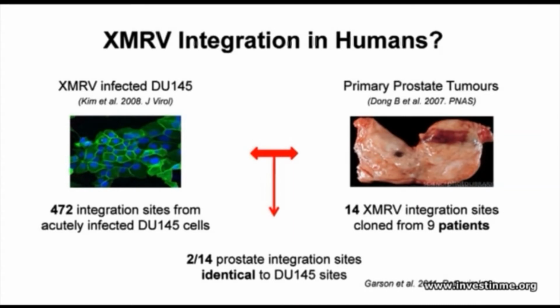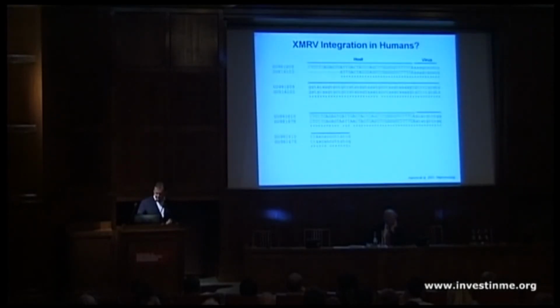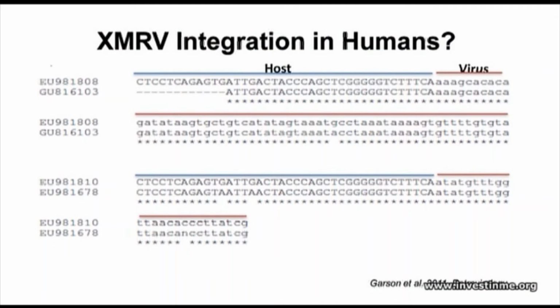We compared his list of 14 junctions from the tumors with 472 junctions from the cell line, and we found that 2 of 14 of them were identical. You can see here that the upper and the lower line are the same. That would tell you that despite the enormous size of the human genome, 3 gigabases, on 2 out of 14 occasions the virus had integrated into the same place.